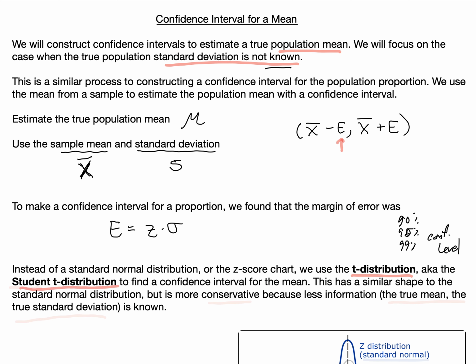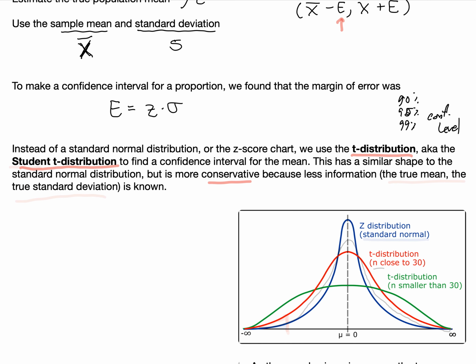The reason that it's called that is not because you all are students and learning, but it's because the person who originally discovered or created it, Gosset, was working for the Guinness Brewing Company to test beer quality, and he realized that he needed a more conservative distribution because there was less information known, and so he developed this t-distribution.